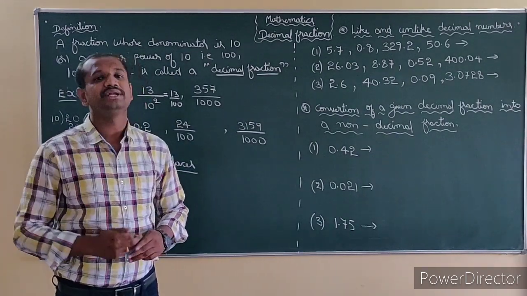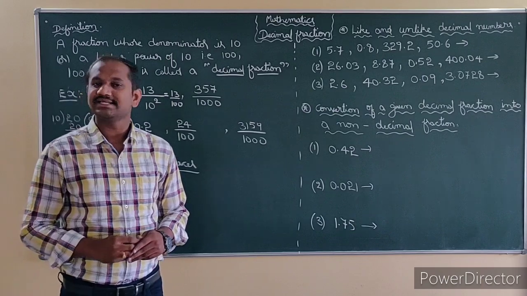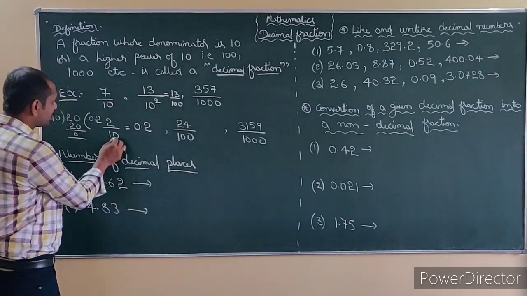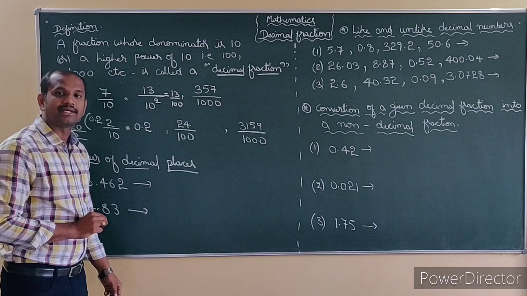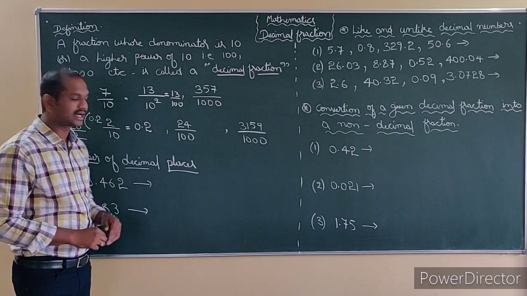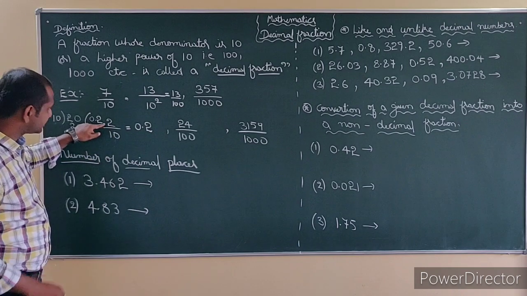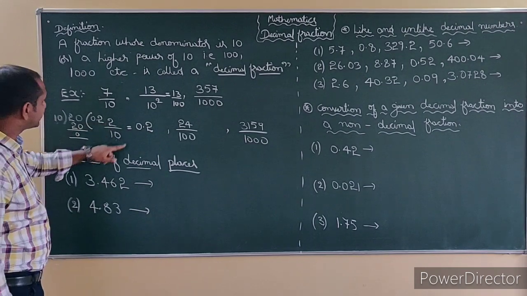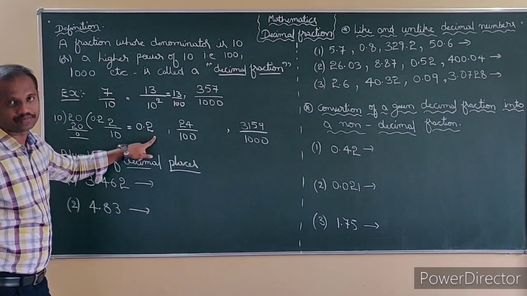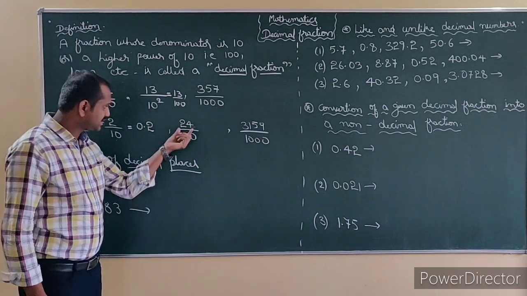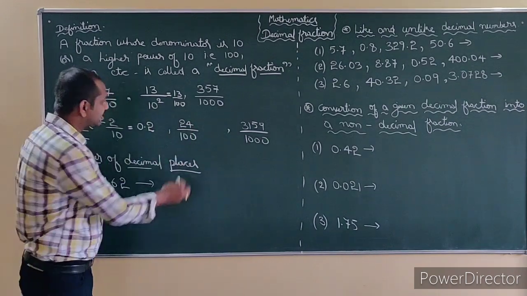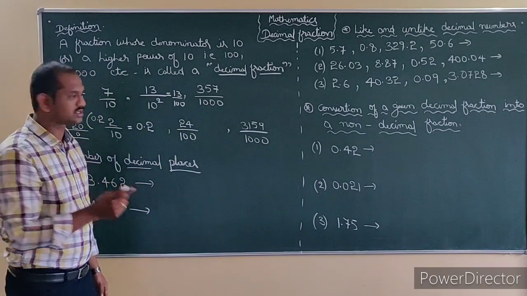But we can do it very directly if you understand one very simple thing. See, how many zeros are here in the denominator? We have 1 zero. Right. So we keep a decimal point one place from the right in the numerator. So we get 0.2. To make you understand better, let us take 24 by 100. Here there are how many zeros? 2 zeros.